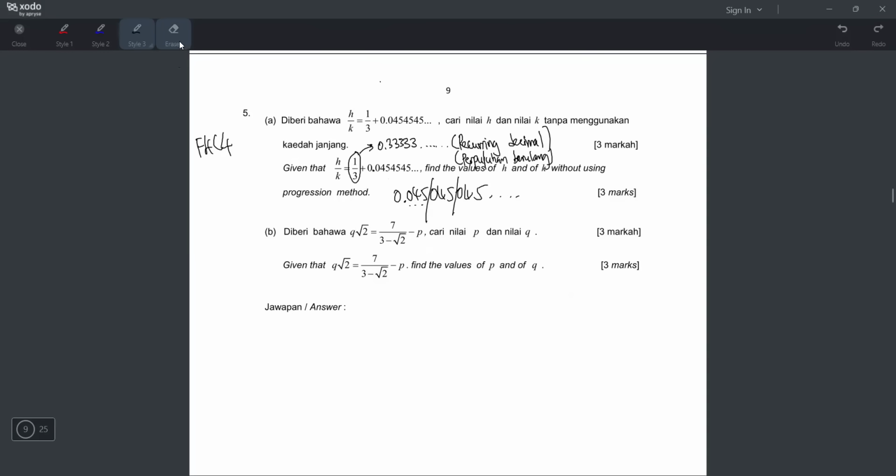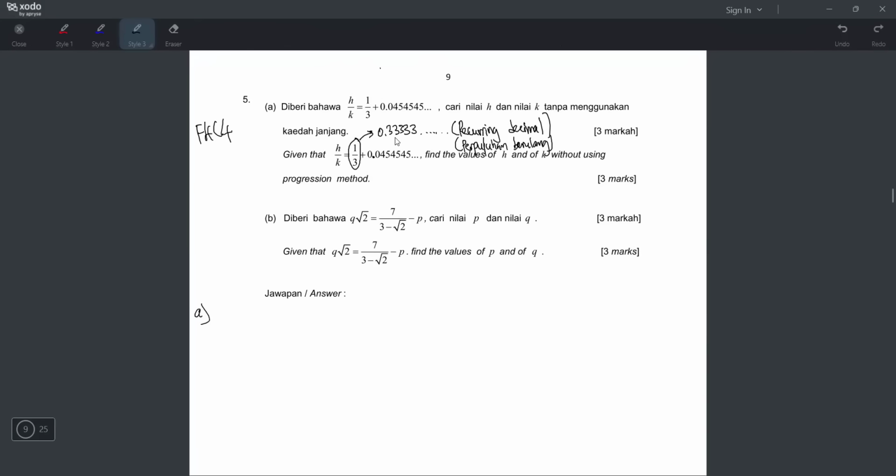But now it's not, because the 0 never repeats after the decimal. The 0 appears only one time. So this is not a recurring decimal, and there will be some problem later when we convert this to fraction. But it's okay, we don't worry about that.